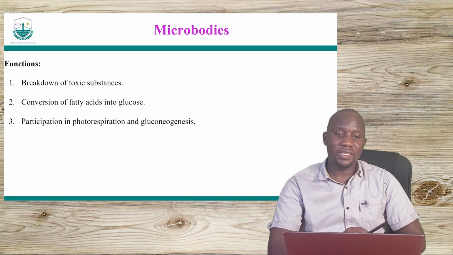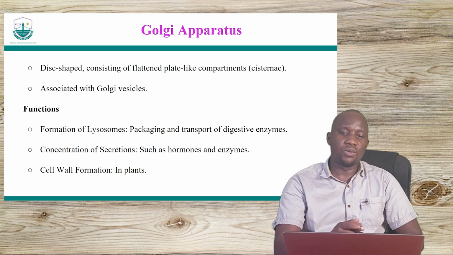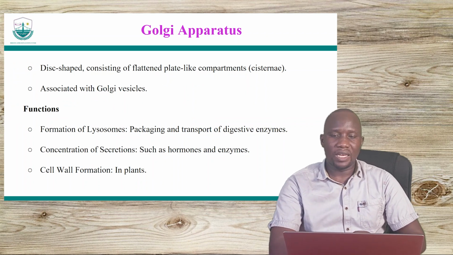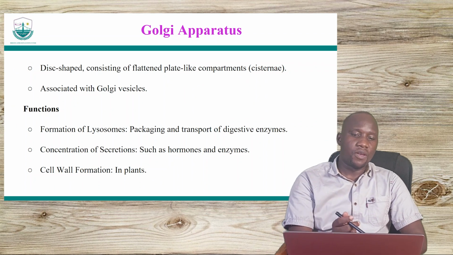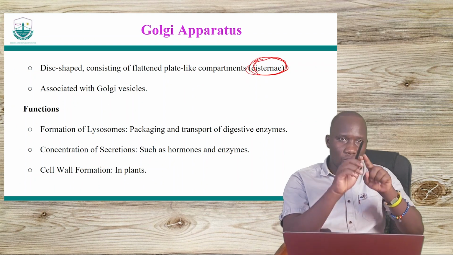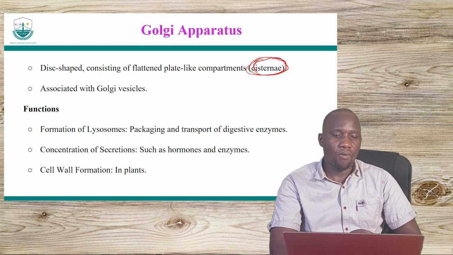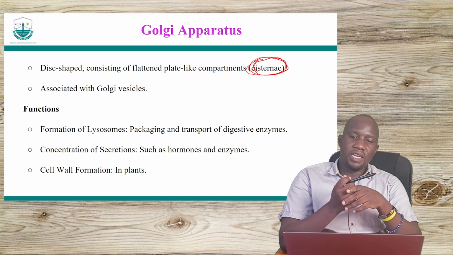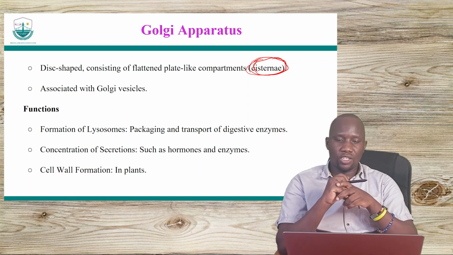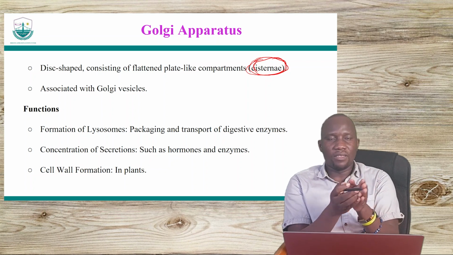The Golgi apparatus consists of disc-shaped structures made of flattened plate-like compartments we call the cisternae. The Golgi apparatus is very important in assembly of molecules. It is basically packing and then transporting.